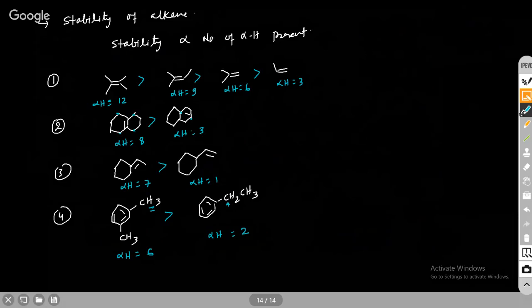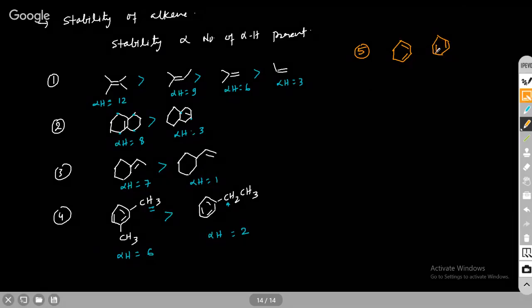What about the stability of this molecule? Stability of these two?